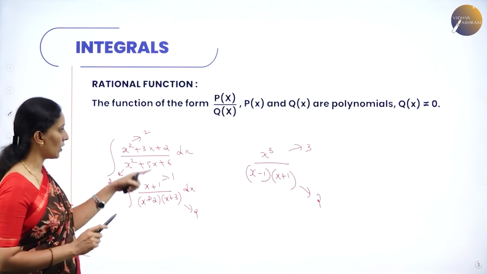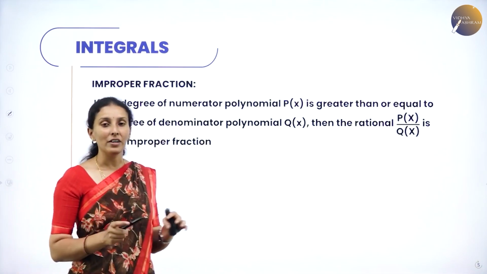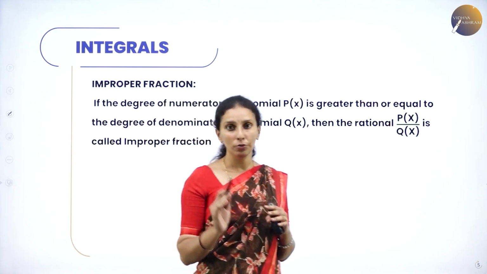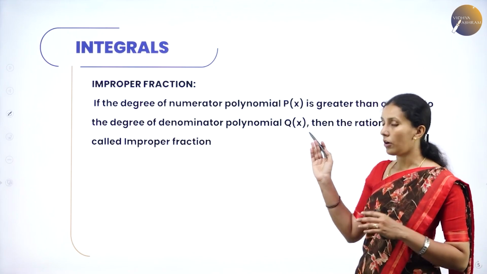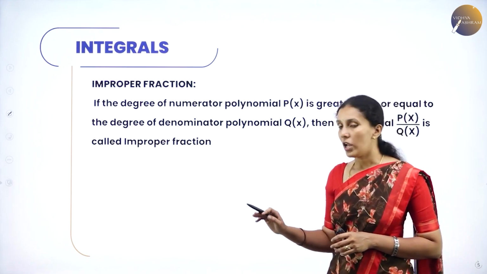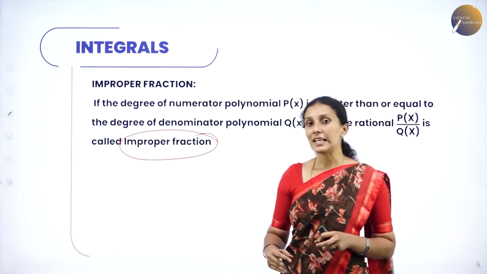In the earlier case they are equal. In this case it is greater. So an improper function is nothing but whenever the degree of the numerator is greater than the degree of the denominator or it is equal to the degree of the denominator, then we call it an improper fraction.